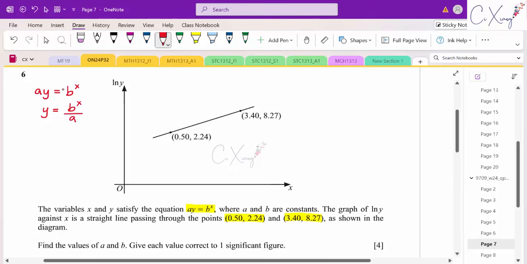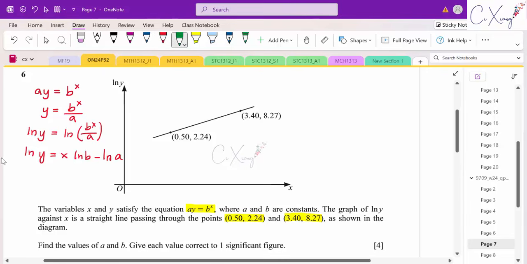Then I take ln on both sides. I have ln y equals ln of b power x over a. You know that ln of A over B can be written as ln A minus ln B, so you have ln y equals x ln b minus ln a.